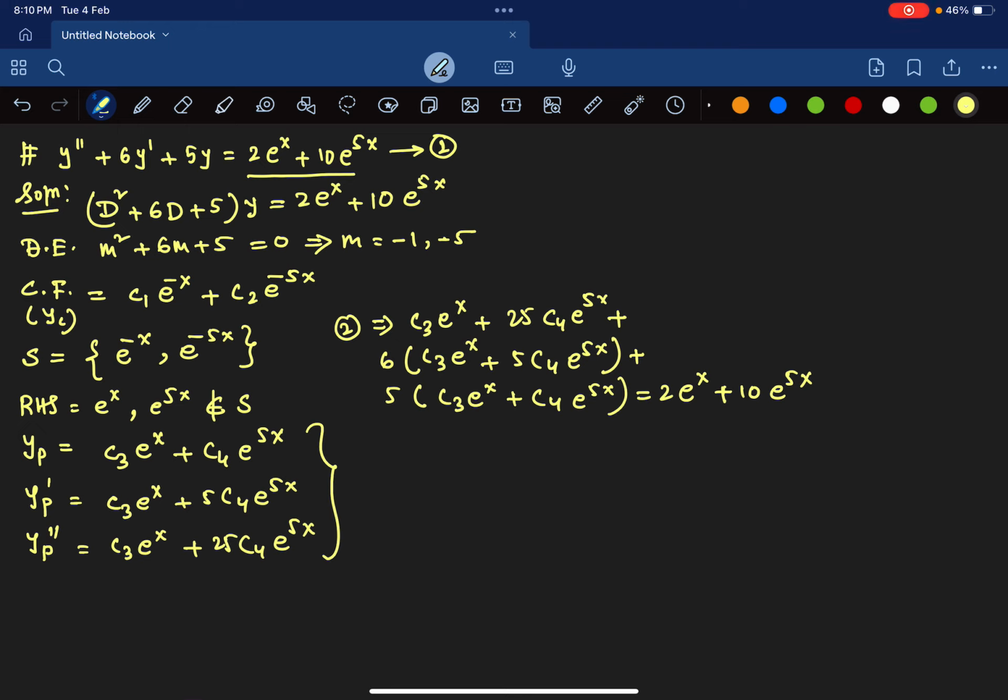Now both sides you need to compare, and after that you need to find the value for c3 and c4.